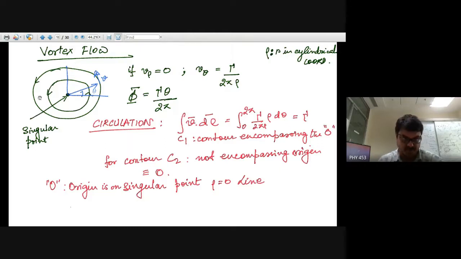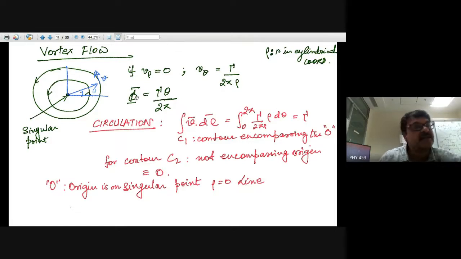If you draw a circle, then basically you get this value, the integral of v dot dl, rho d theta, where rho is kept fixed. Rho cancels, and when you integrate over 2 pi, you get this gamma, which is the circulation essentially.